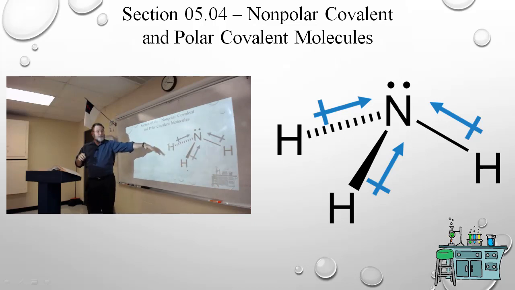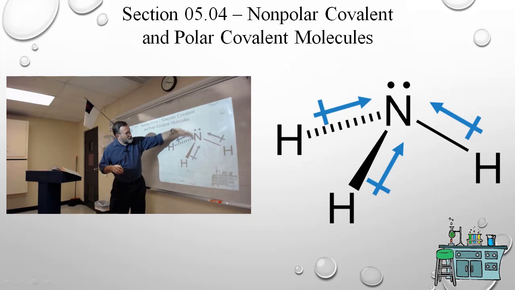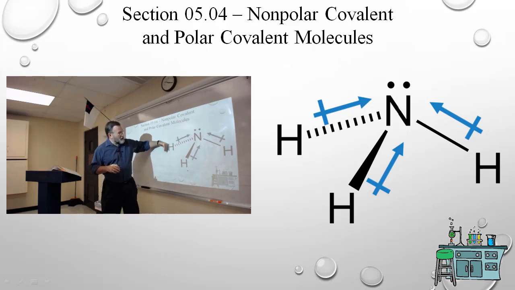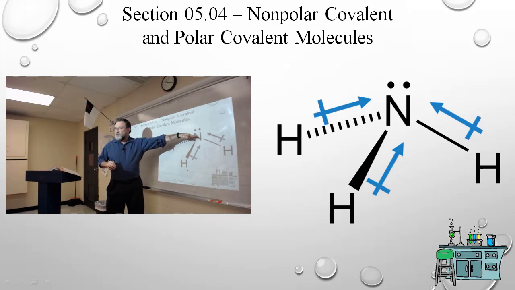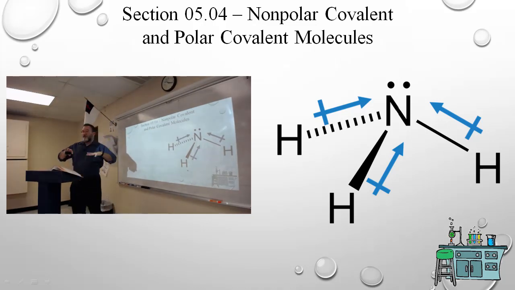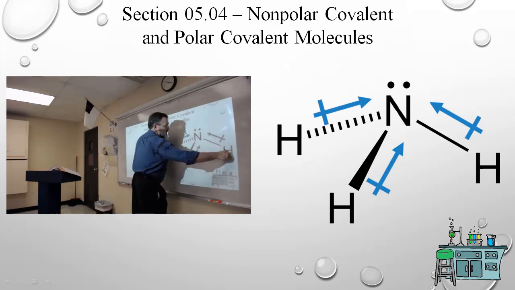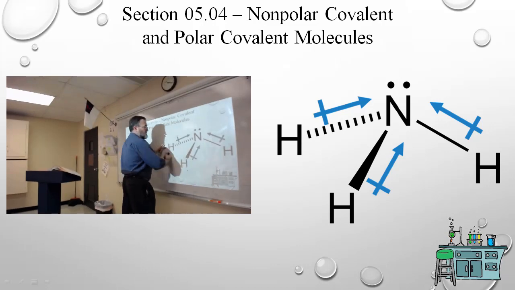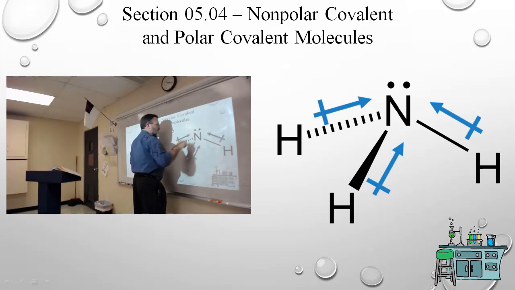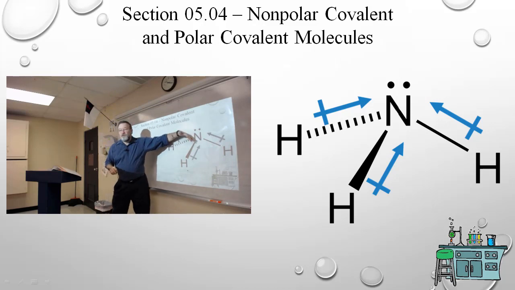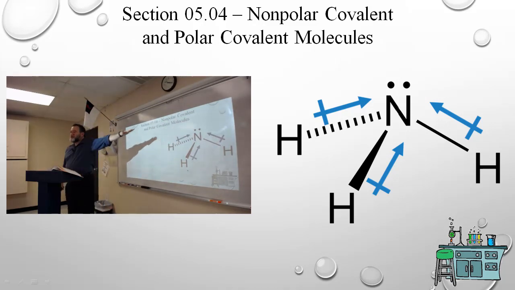If you look at this, we've got an unbonded pair, and we have a tendency for partial positives here and a 3 partial negative here. Question: is there an even distribution of electrons symmetrically around this entire molecule? No. The fact that I can have a partial positive here, and a triple negative here, in addition to an unbonded pair, means this side of the molecule is very partially negative.